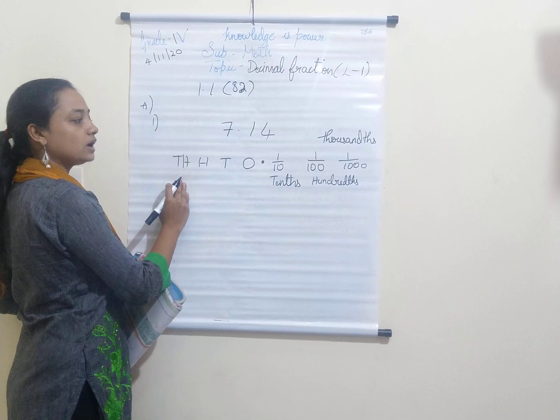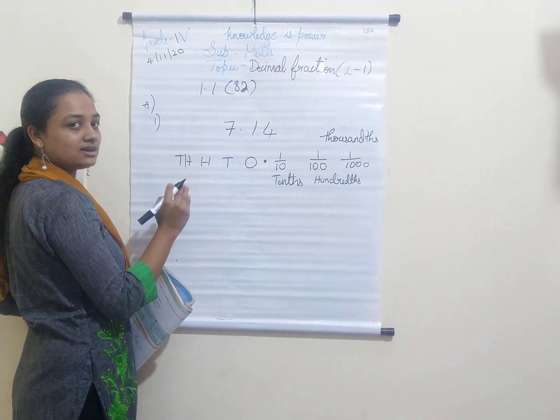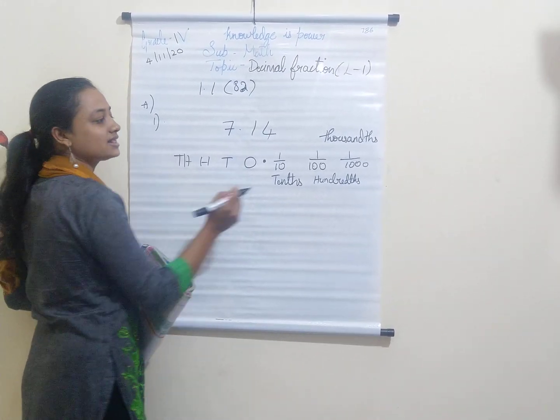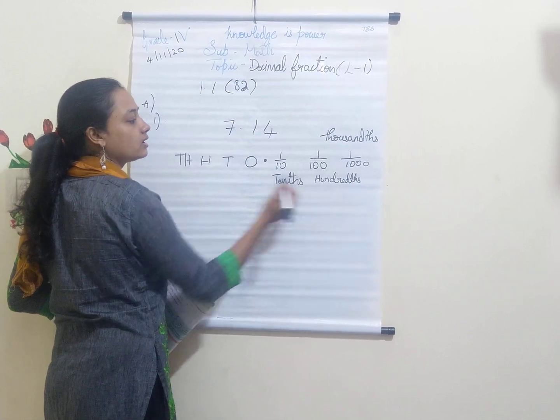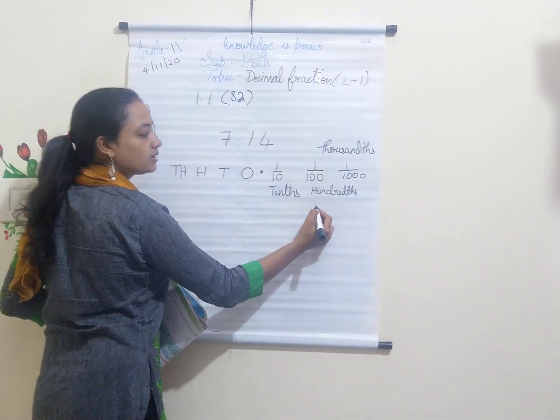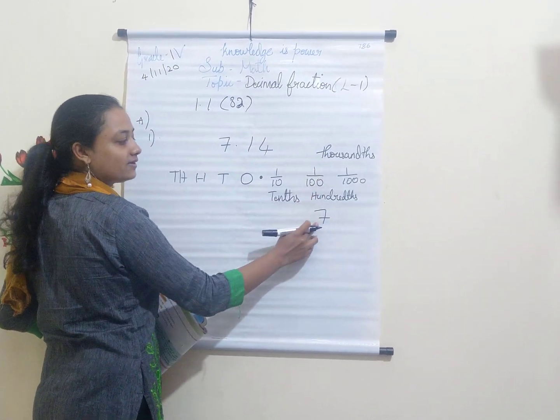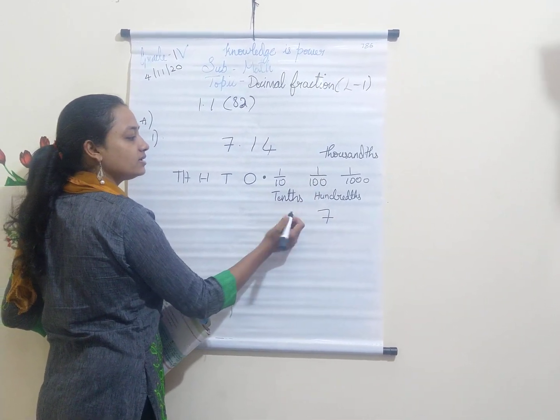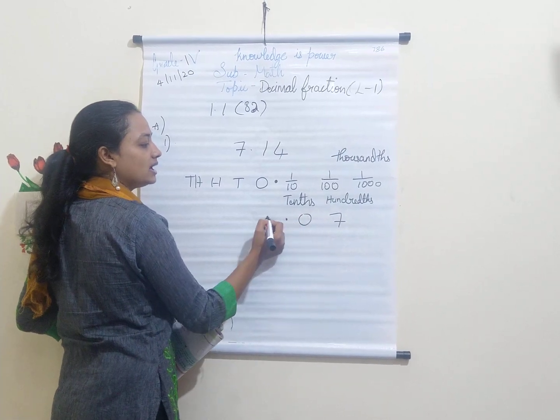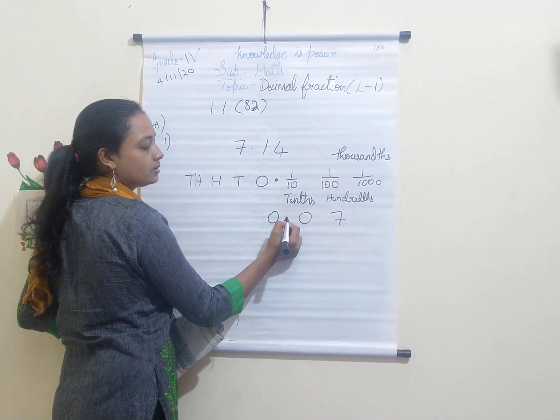Now the question, if you see, they have given 7 hundredths. It's not 100, it is hundredths. So where should I write that number? I should write it in the hundredths place. 7. So what should I write in front here? 0 and 0 here, decimal point.